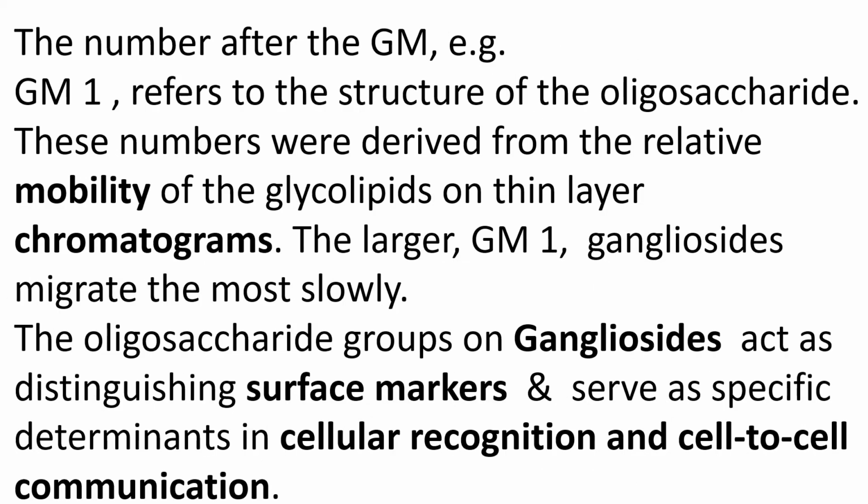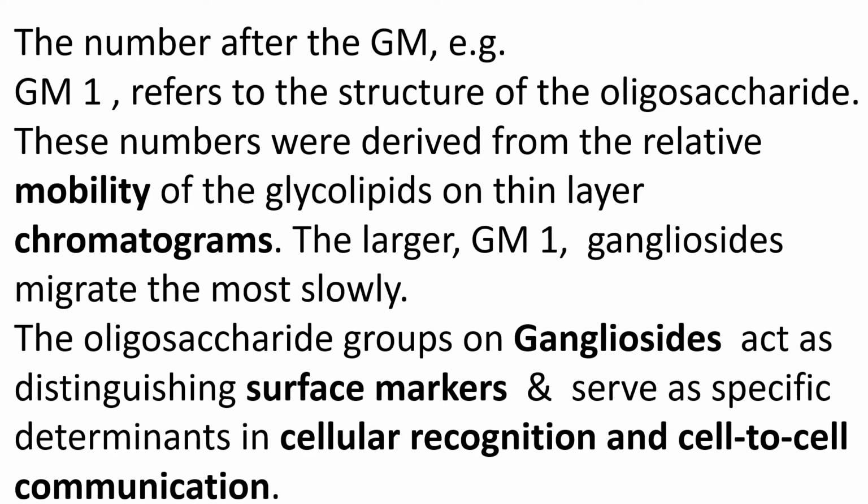As we were discussing the nomenclature of the gangliosides, GM means a ganglioside having a single sialic acid residue in its structure. When the number 1 is added, GM1, it is on the basis of their mobility on the chromatograph. So GM1 gangliosides migrate slowly on the thin layer chromatograph.